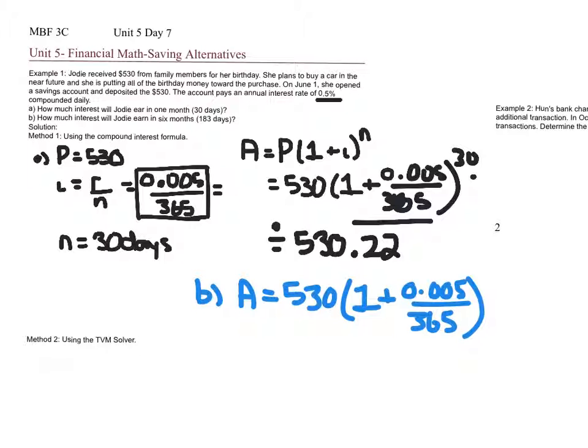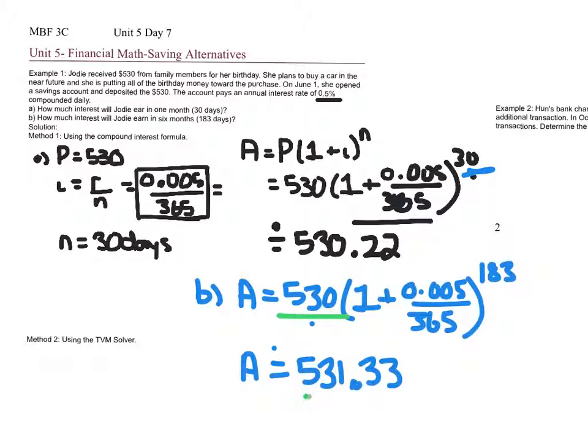But the only difference here, instead of 30 days, it's 183 days. And when we go to solve, we find out that it's $531.33. So approximately at 183 days, she's made $1.33 in comparison to the original 530, right? That's the original. This is what she came out with.